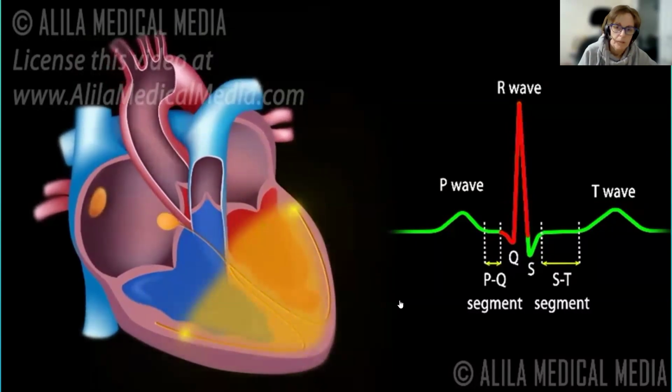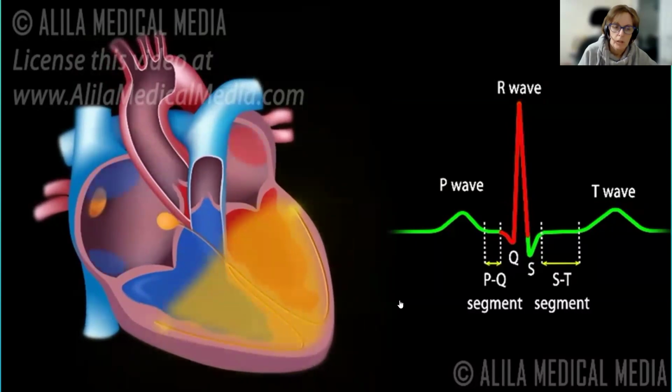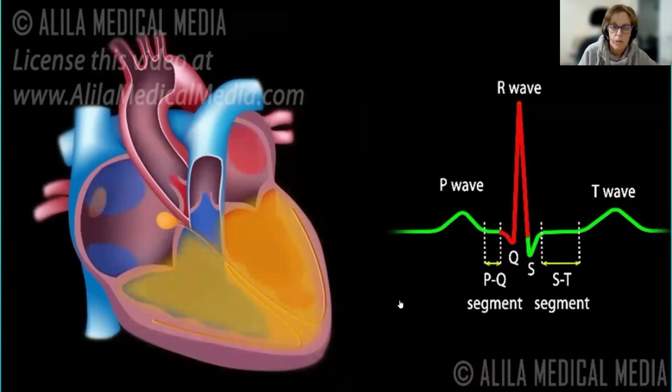is when we get the big contraction from the bottom of the heart, and that forces the blood upwards out of that bottom chamber, because the vessels that the blood needs to travel down are at the top of the ventricles. So we need the blood to squeeze from the bottom up, and that happens during this QRS phase.